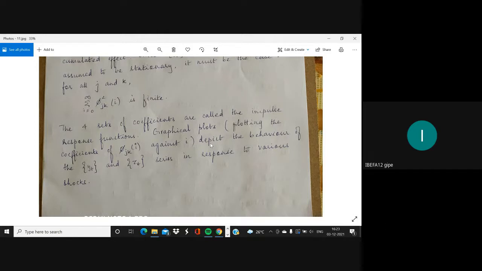So these IRFs, or impulse response functions, are basically graphs which, like I mentioned earlier, have the various time periods i along the x-axis, and along the y-axis the impact of these shocks, or the coefficient values against i. That will help you understand the behavior of yt and zt in response to various shocks. We'll try and look at some IRFs tomorrow to help you understand better.